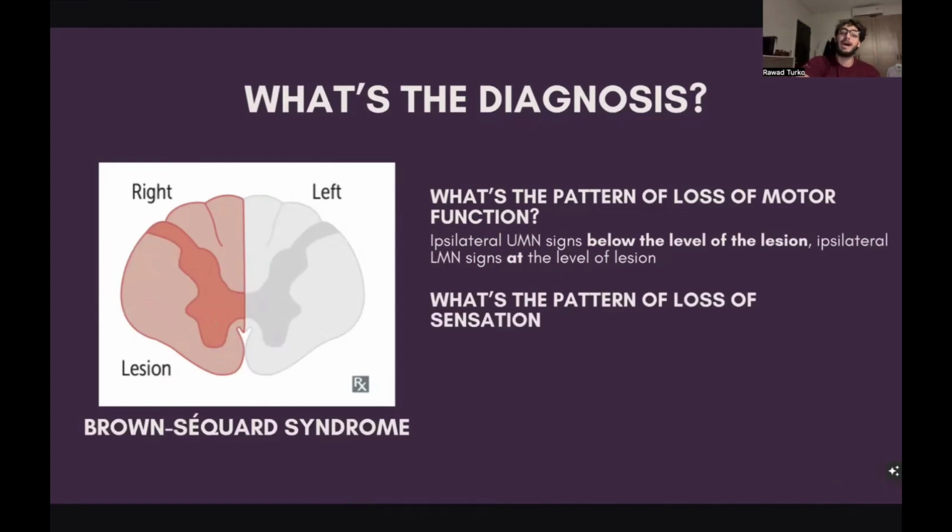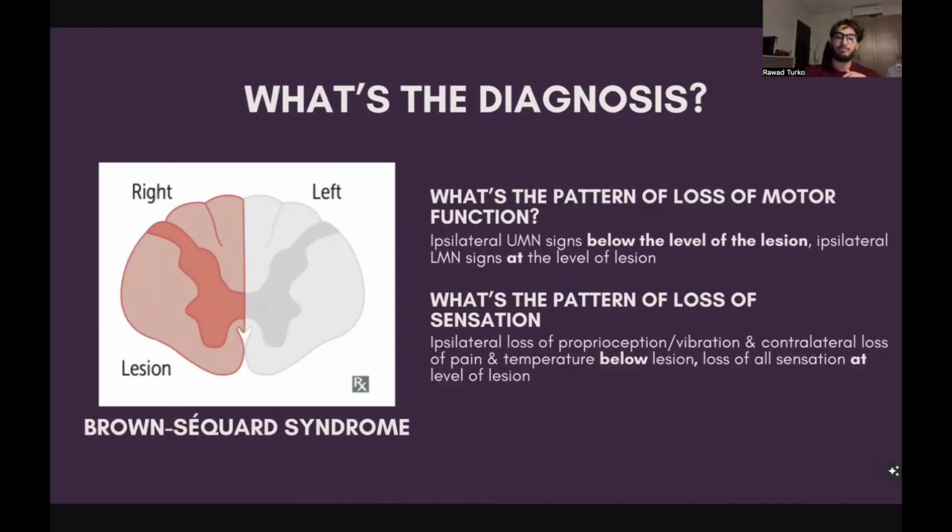Okay, now what's the pattern of loss of sensation? And this is general. Right now we're talking about both tracts. Ipsilateral loss of proprioception and vibration, and contralateral loss of pain and temperature below the lesion. Let's pause right here. Does this make sense so far? Again, we said that the dorsal column medial lemniscus also decussates in the medulla.